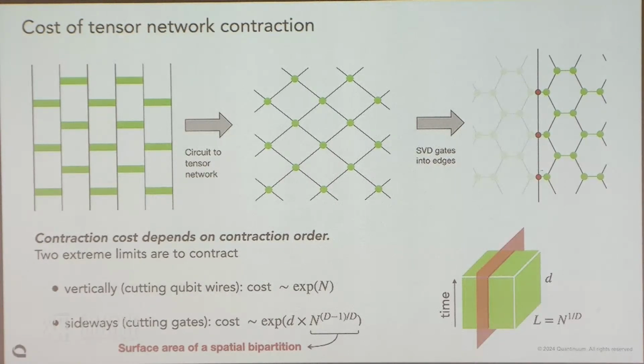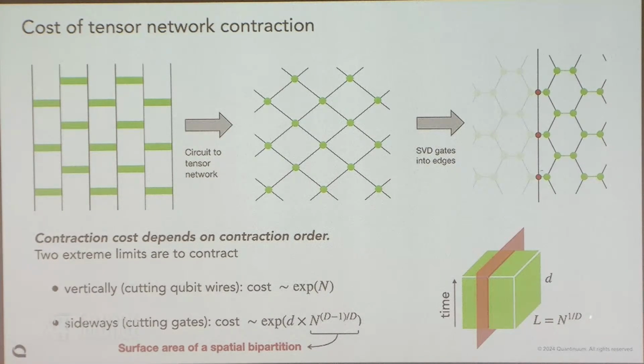Let me generalize this a little bit to more than one dimension. So if you had, say, a 2-dimensional system, so like a square that was evolving up in time in the circuit, now a sideways contraction would correspond to moving a sheet or a hypersurface from, say, left to right in this diagram as you do the contraction. And you could imagine that these tensors are scattered throughout this bulk here, and the number of legs sticking out through this red surface inside this green cube is going to scale like the depth times the length of that cube.